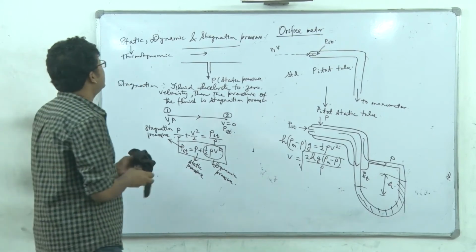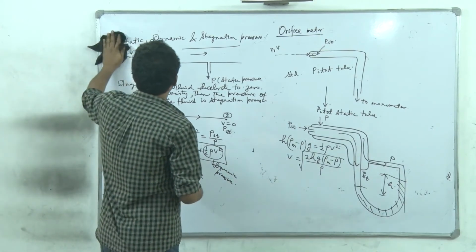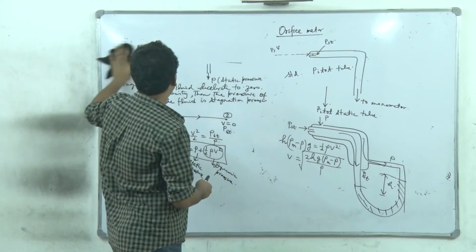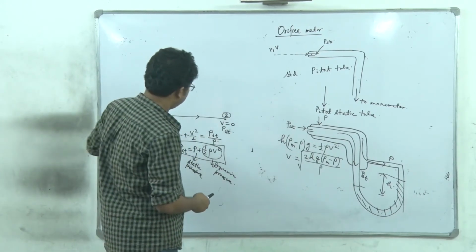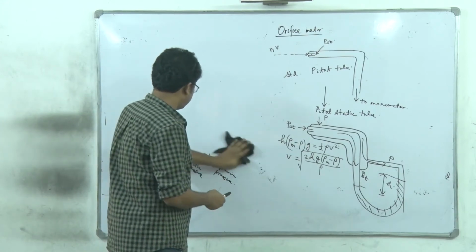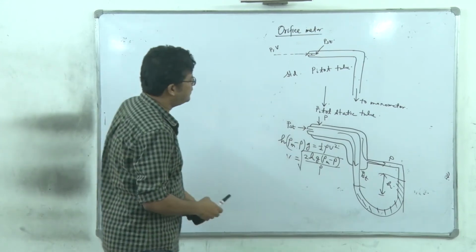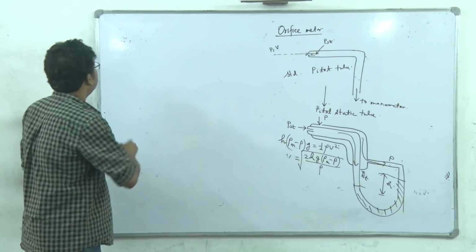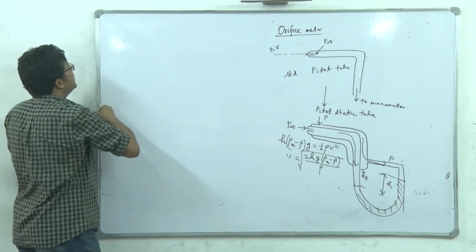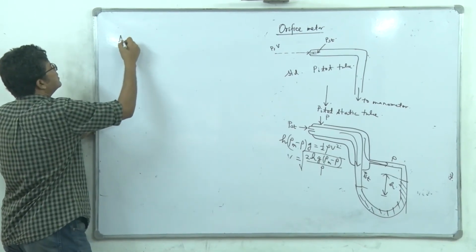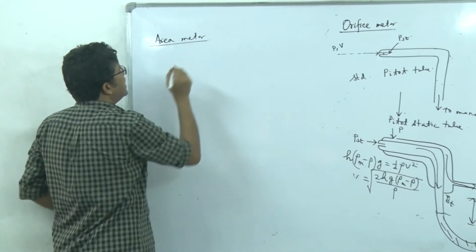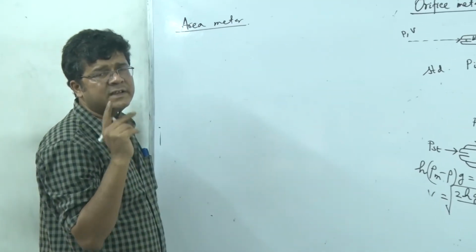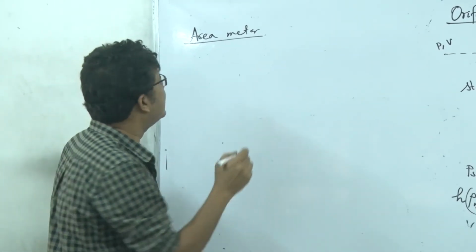So after this pitot-static tube, next we'll think about another group of flow meters called area meters, right? Area meter has got an advantage over the restriction meter.